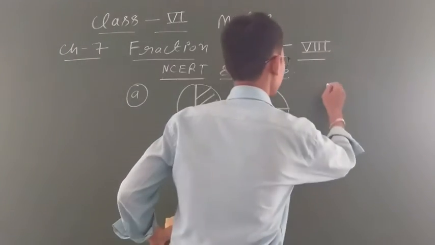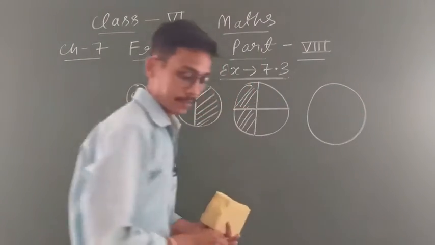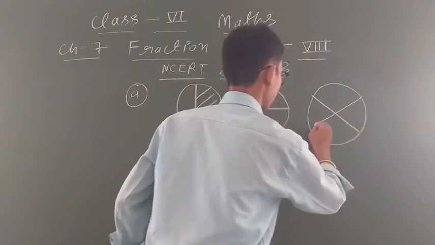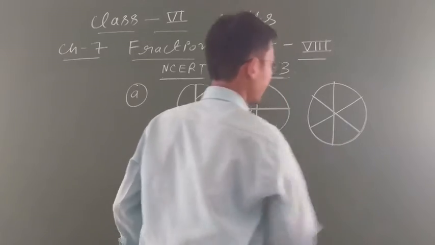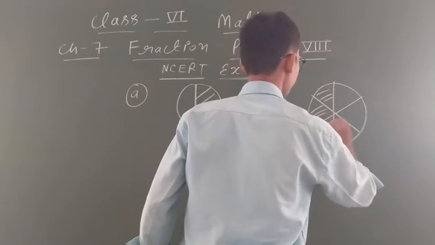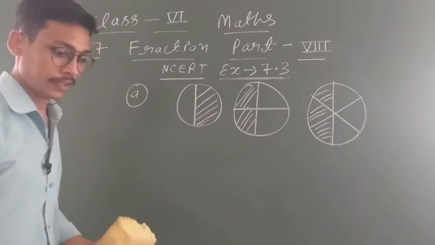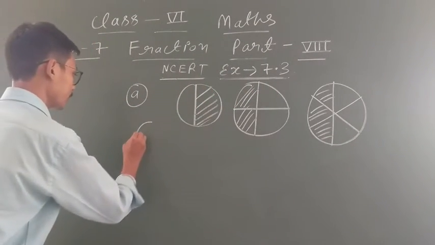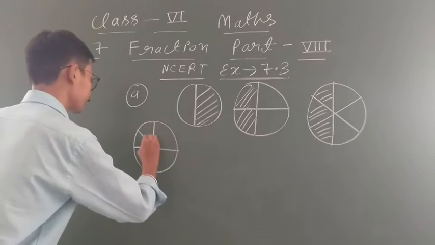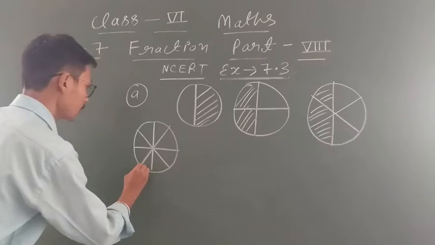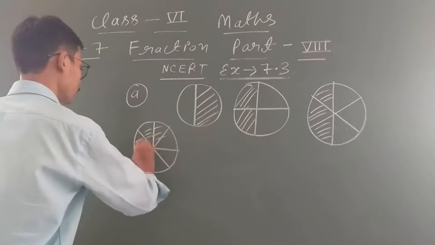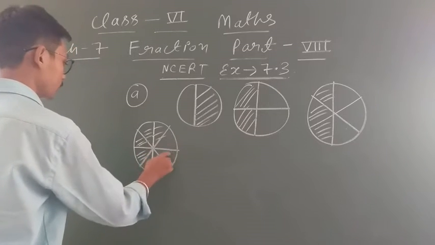This is your diagram, and this is your diagram. You have to draw the diagram given according to the question. 3 parts are shaded. Now the next diagram is given. You have to see how many parts are shaded: 1, 2, 3, 4.